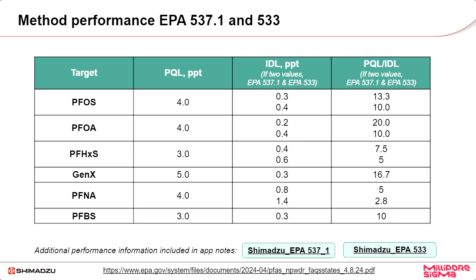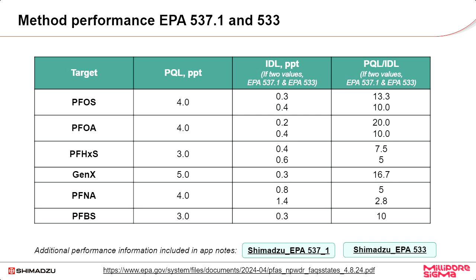In the second column, I summarize the instrument detection limits that we obtain with these methods that we have developed and we are ready to share with all our customers.